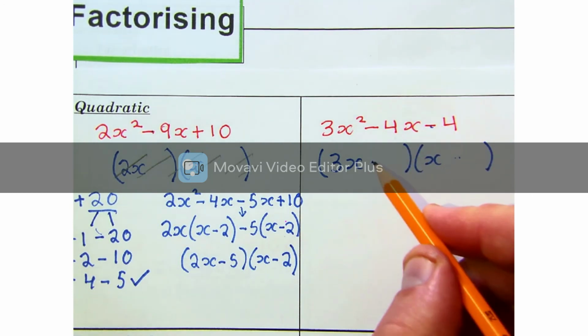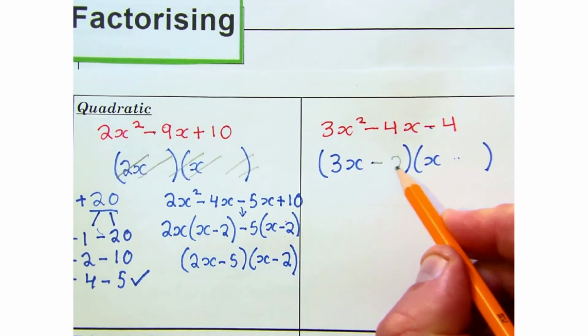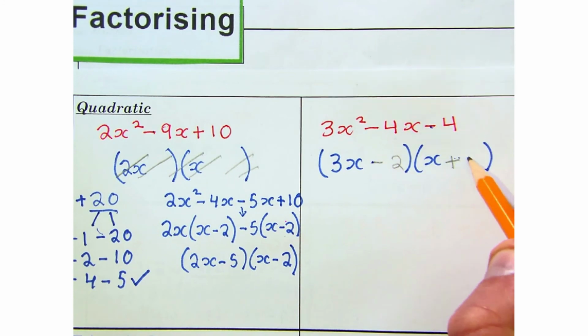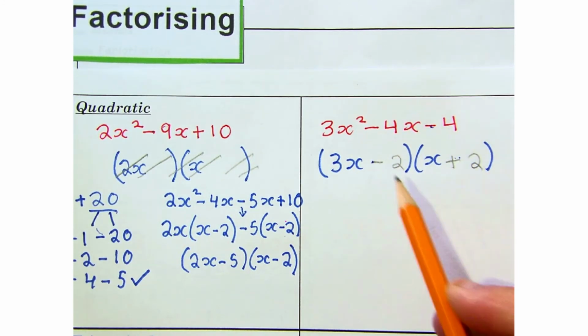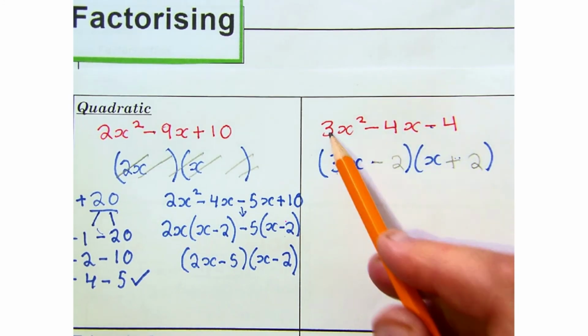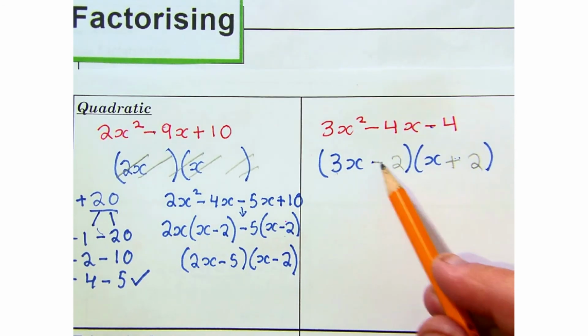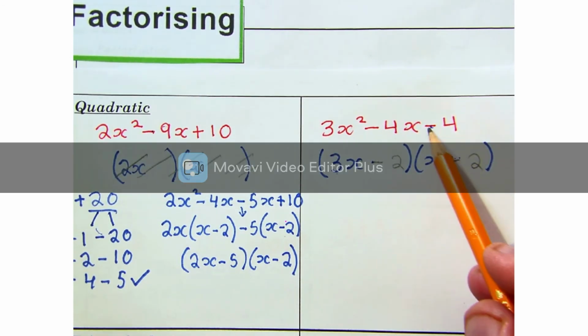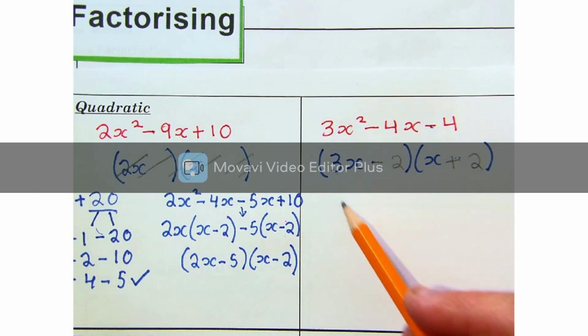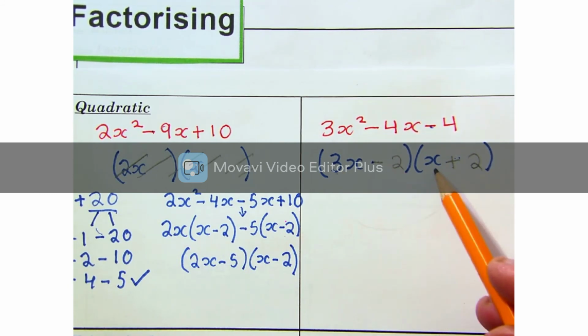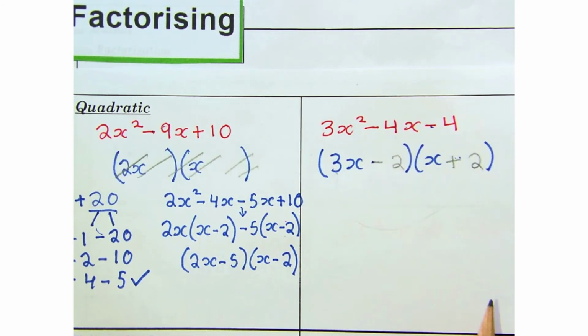Okay, so let's just try minus 2 and plus 2. So how does that work out? 3x by x is 3x squared, correct. Minus 2 by plus 2 is minus 4, that's correct. The outers and the inners, I have plus 6x minus 2x, they add up to plus 4x.